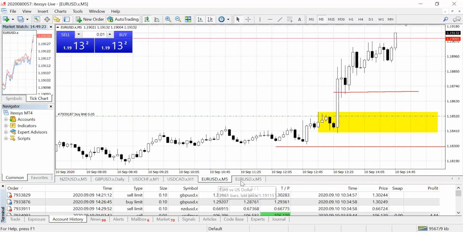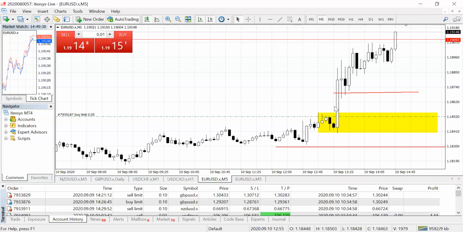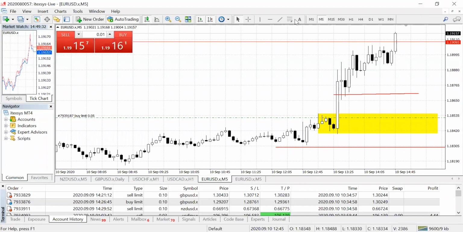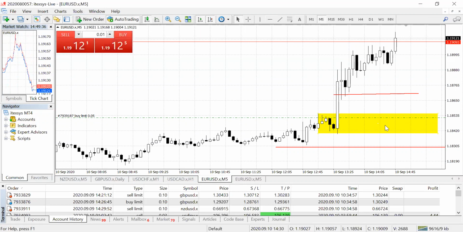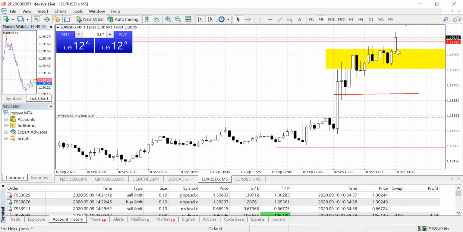If I keep trading the same way we're doing right now, breakouts, first retracements, continuations. We finally have the breakout we were looking for. I'll move this to the 5-minute chart. We have the breakout. This might become a fresh demand area right now, correct?